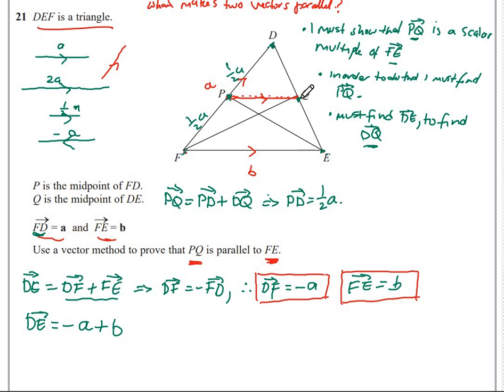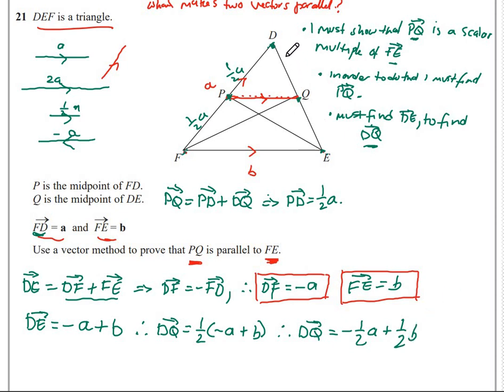So DQ must be half of DE. DQ equals half of DE, which is half of minus A plus B. And so DQ equals minus half A plus half B. So I found DQ there.